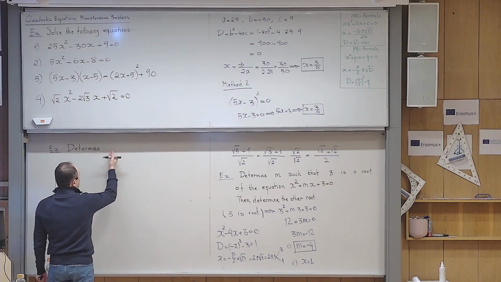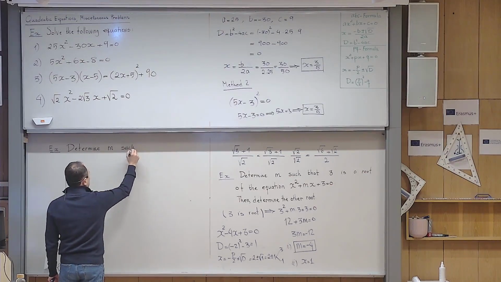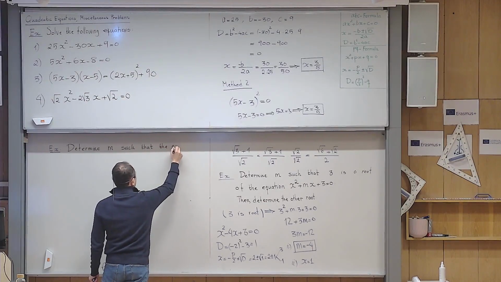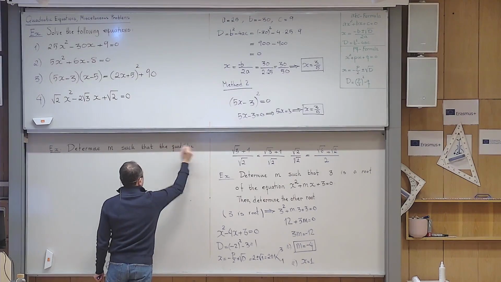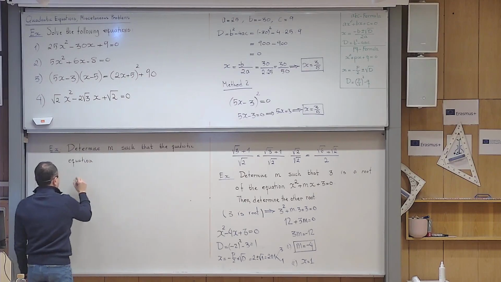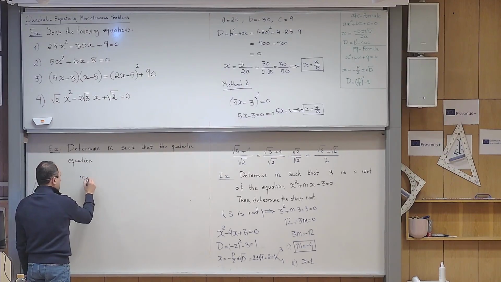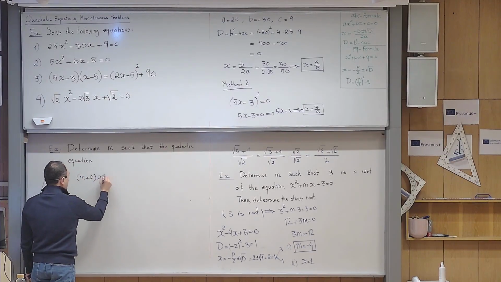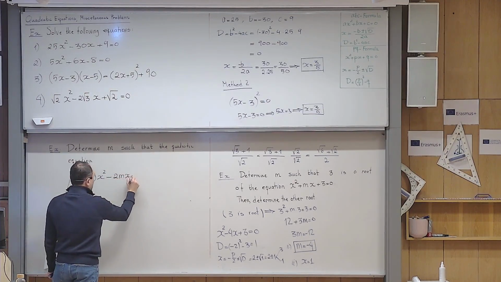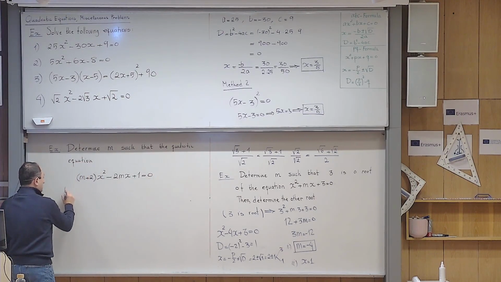I can say determine the parameter m, but I just say determine m such that the quadratic equation, so this is the equation, (m plus 2) multiplied by x squared and then minus 2mx plus 1 equals 0 has a double root.